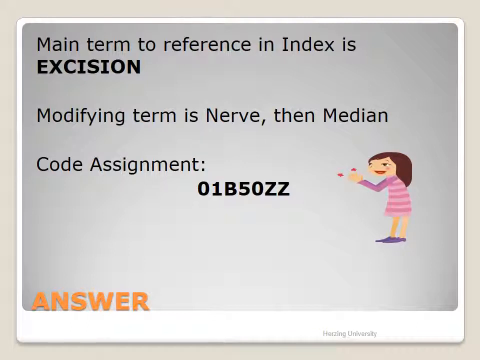Then, what's excised? A nerve. So your modifying term is nerve. What nerve? The median. So you build your code, and your code comes out to 01B50ZZ.